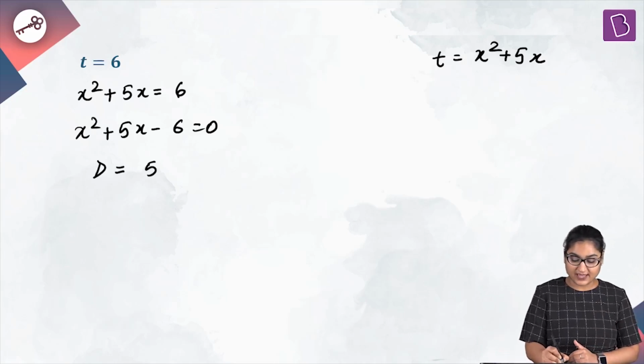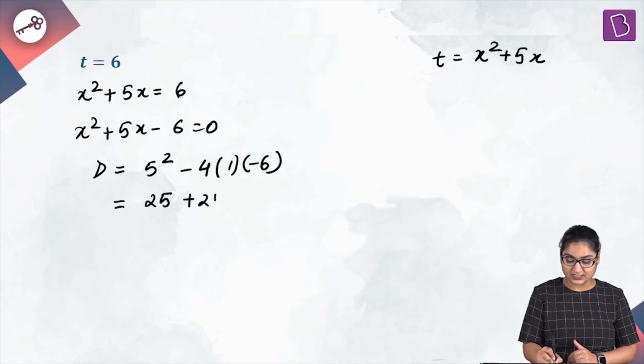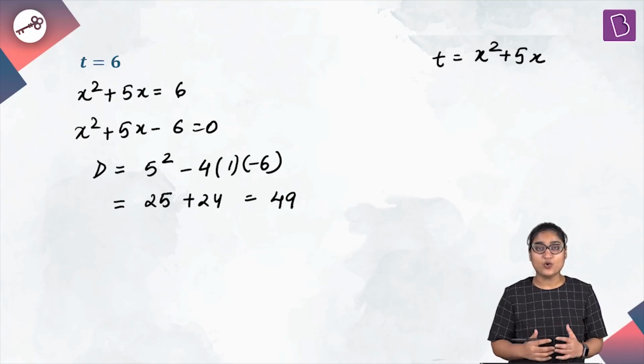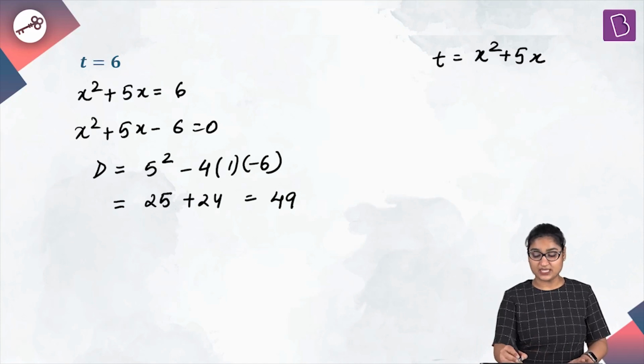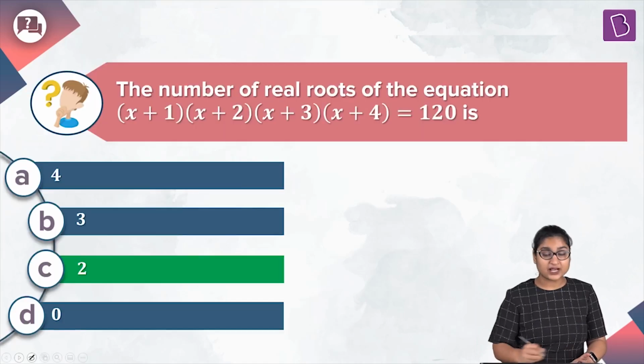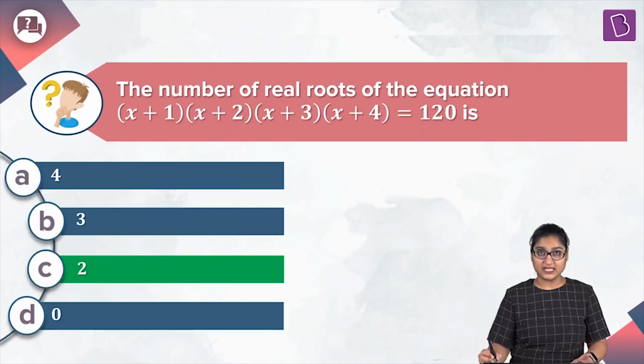D will be 5 square minus 4 times 1 times minus 6, which is equal to 25 plus 24, which is equal to 49. As d is greater than 0, we are going to get two real roots for the equation x square plus 5x minus 6 equal to 0. Hence, we can say that there are going to be two real roots for the given equation, which is same as option C.